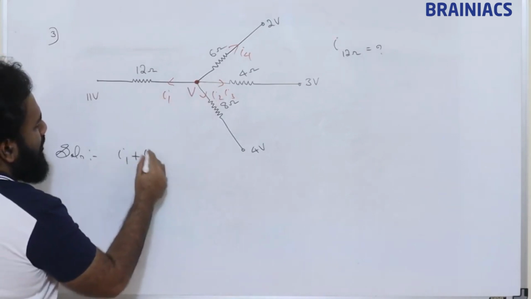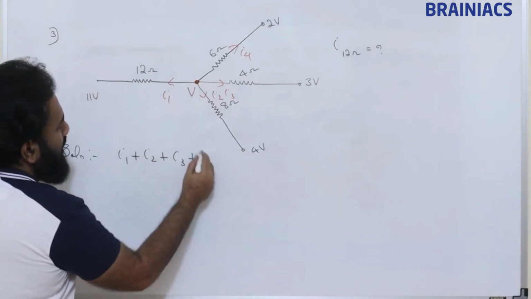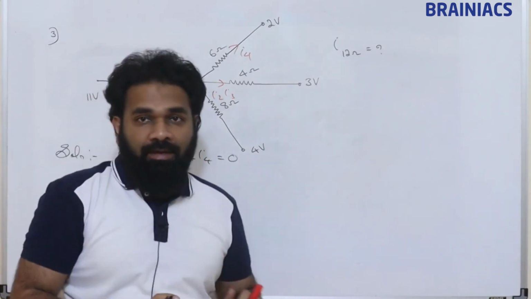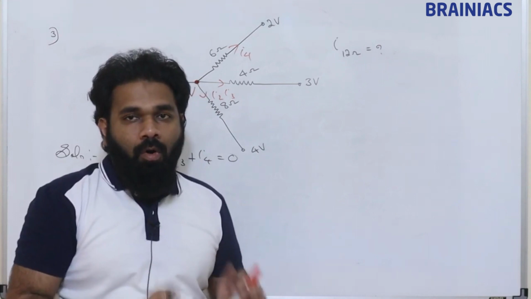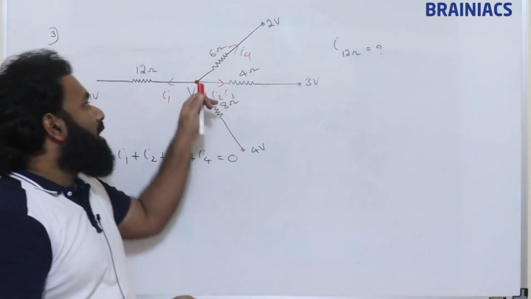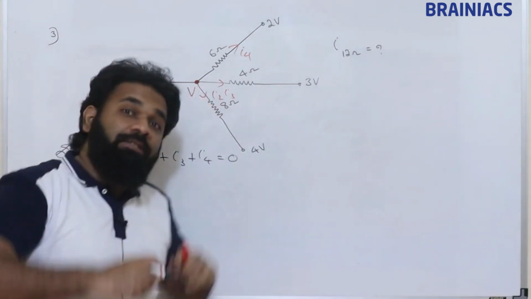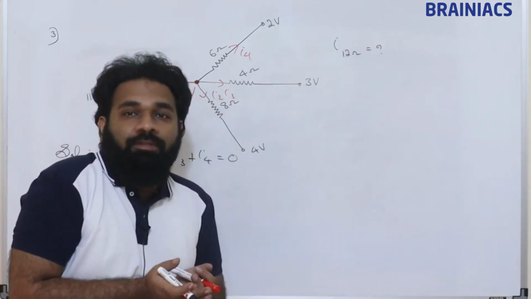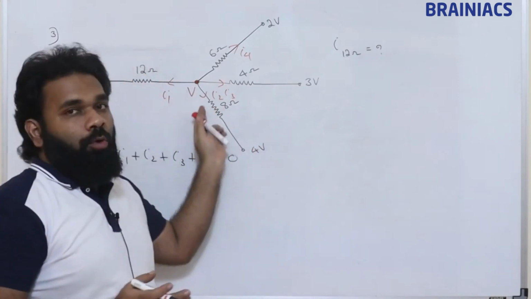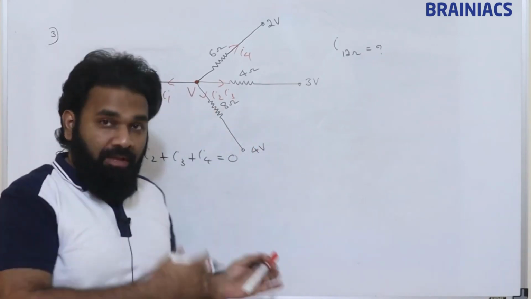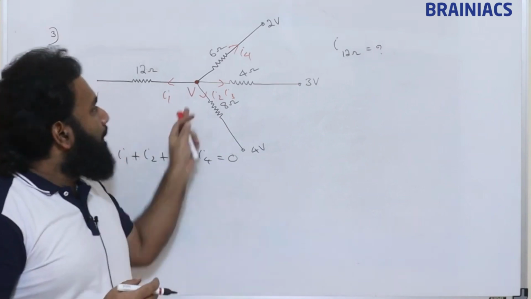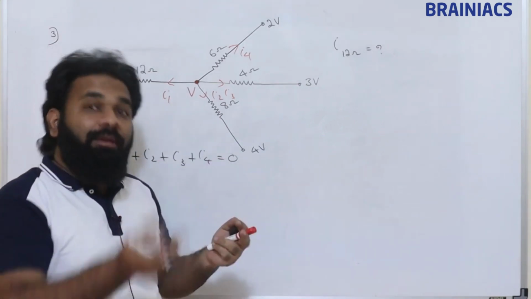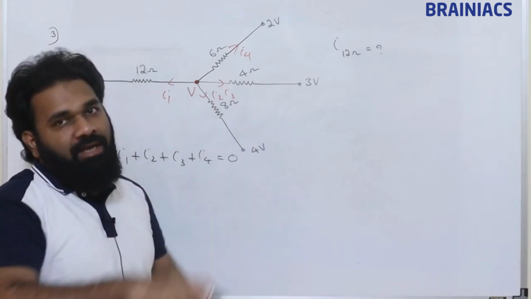So I1 plus I2 plus I3 plus I4 is equal to 0, considering all as leaving currents, considering this junction voltage as greater than all other terminal voltages. It need not be true, my children, but we are taking it like that. It's a method to solve the circuits. If something is wrong, a negative will come, so that we will change the direction.